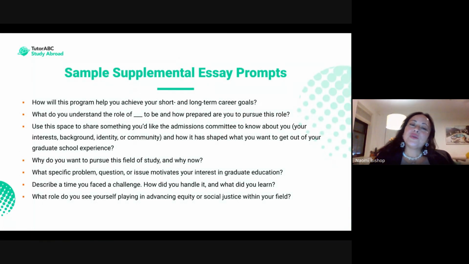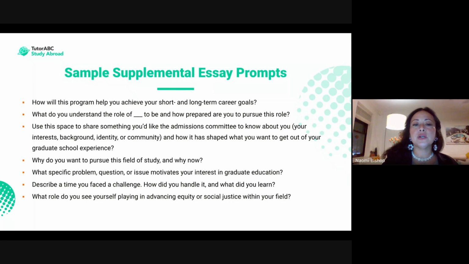Okay. So just the same way that we talked about essay prompts for the SOP, here are some essay prompts for supplemental essays. How will the program help you achieve your short and long-term career goals? What do you understand the role of nursing, or whatever subject you are, to be, and how prepared are you to pursue this role?